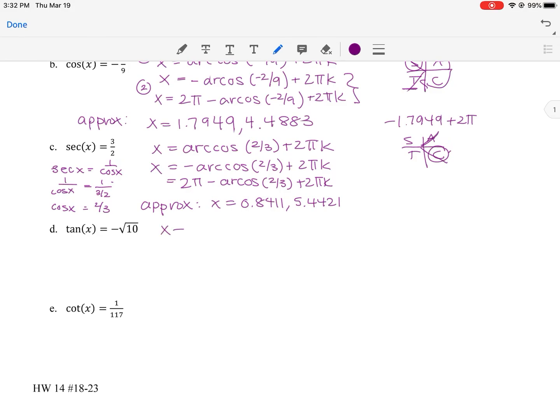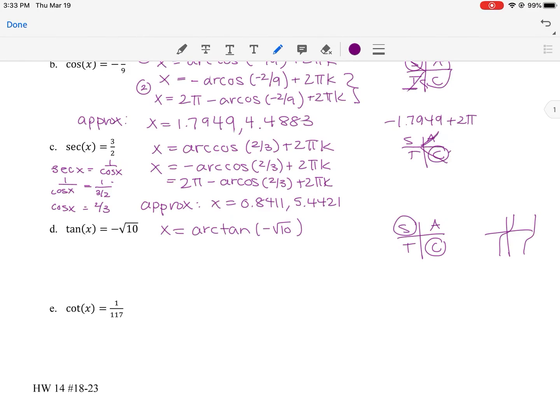So for tangent, we're going to do, as you might realize, arc tangent of negative square root of 10. Okay, as you think about tangent, all students take calculus. This gave us something in the second quadrant, right, because it's negative, not positive. And we know the fourth quadrant will be equivalent. But if you recall the graph of tangent, remember this has a slightly different period. How often does this graph repeat?